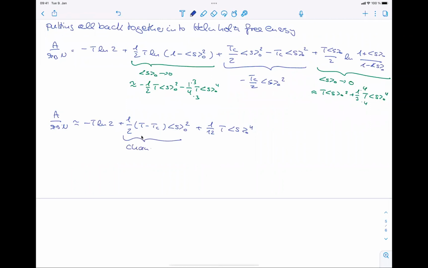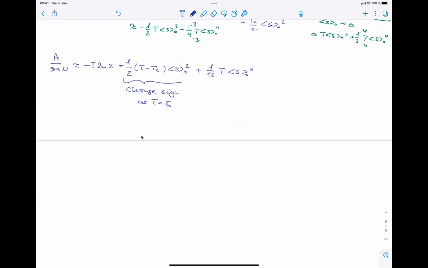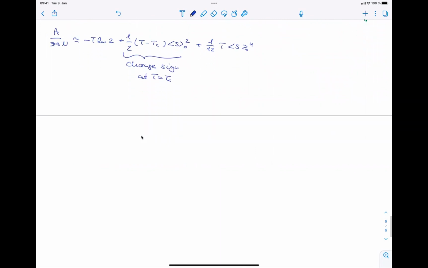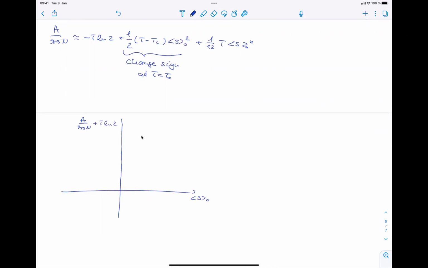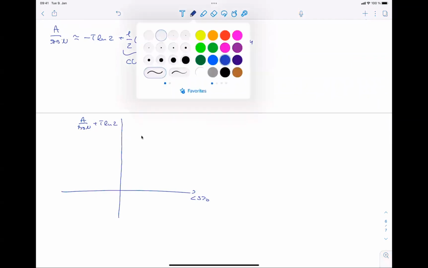So this changes sign at Tc. And so graphically speaking, what this means is the following. If I now plot A over kB N plus T ln 2 as a function of these terms, then I find that maybe I do this green thingy again.